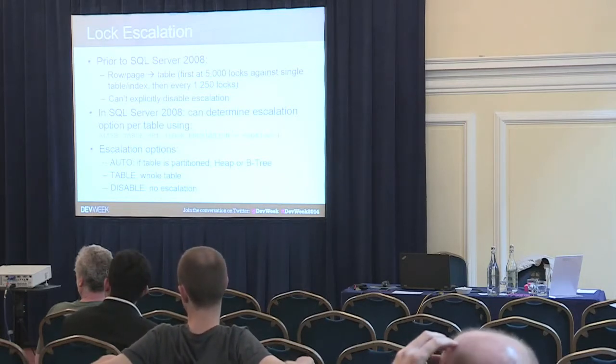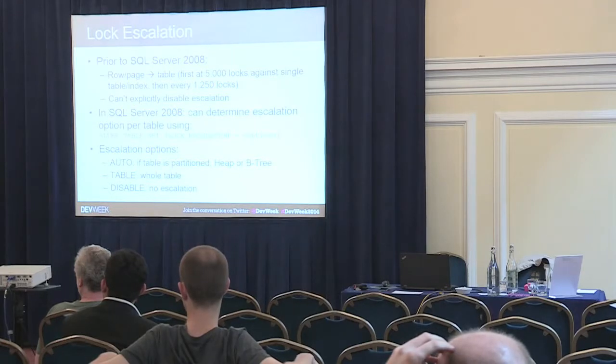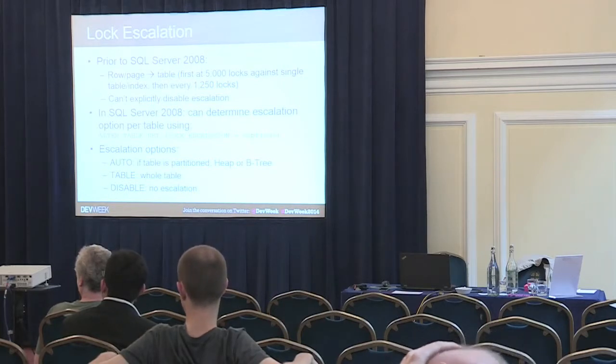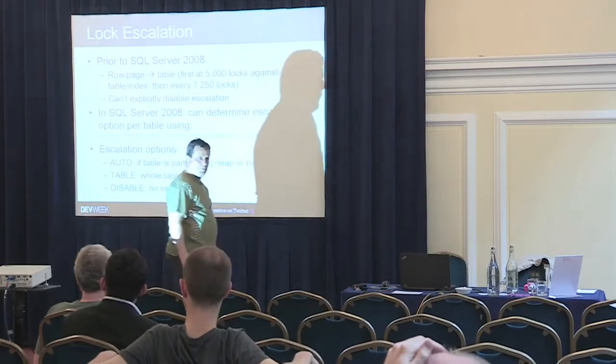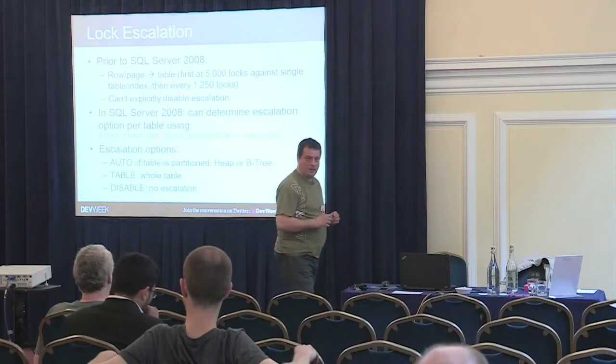However, I already have intent exclusive because of this transaction. So this is now a wait lock. But this is updating, updating, updating, and now it tries to put also an exclusive lock here, and now I have a deadlock. And partitioning can help me here. If I split this in partitions, then this will be escalated here, and this will be escalated there. And I can perform two huge, large updates at the same time.